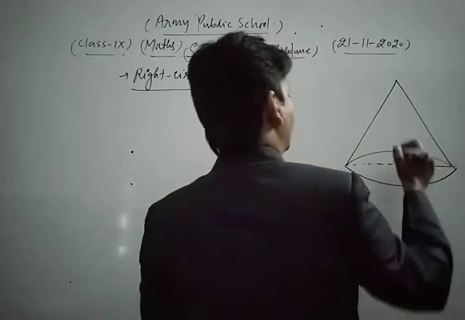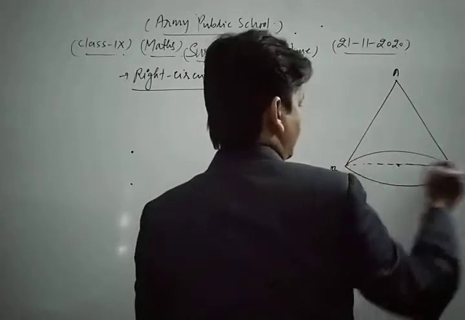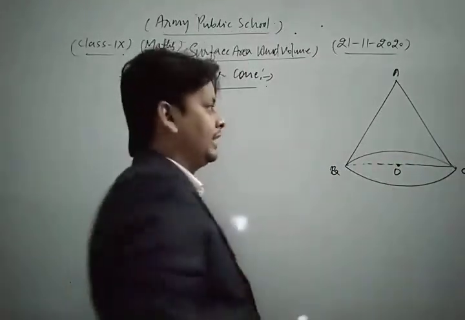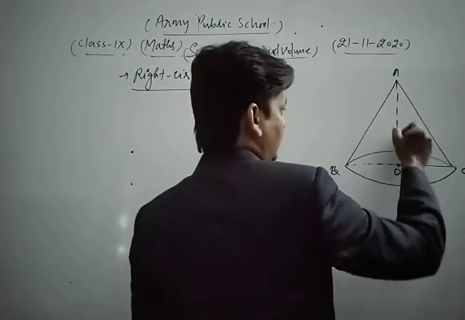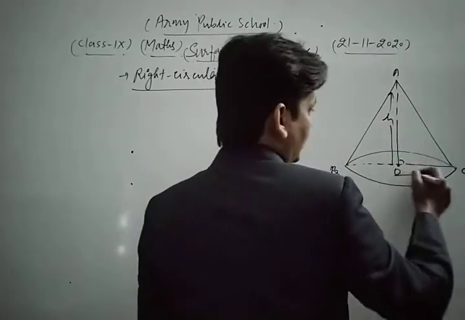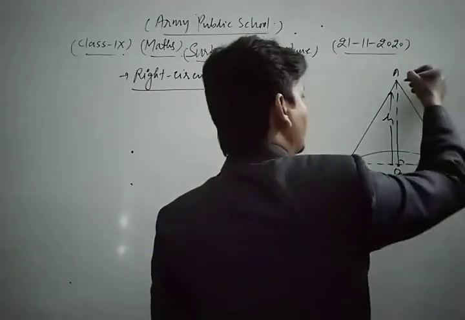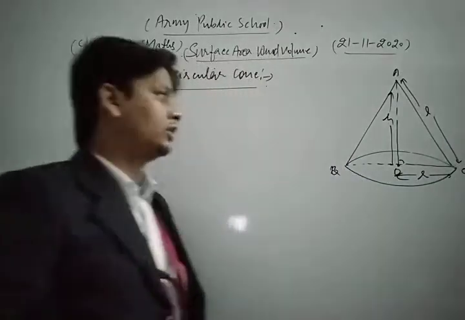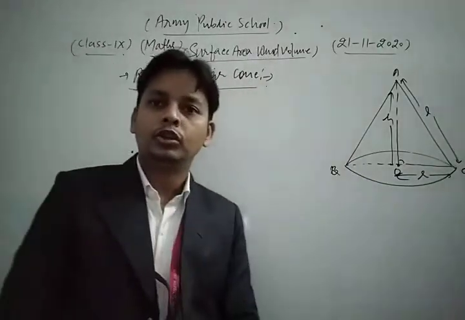Suppose that here ABC is a cone and O is the center of the base of the cone, and OA is the height of the cone. Suppose that this is the height of the cone, this is the radius of the base of the cone, and this is the slant height of the cone. So these are the very important concepts related to the cone.